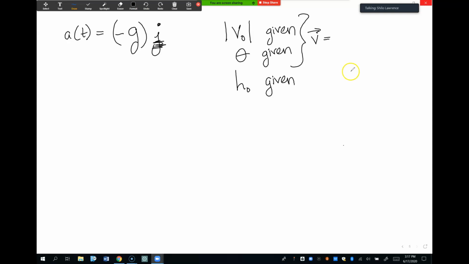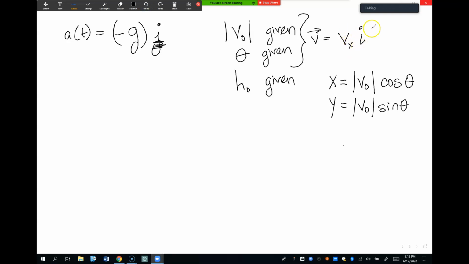So you may remember all the way back from the beginning of chapter 13, the way we get an x component is by multiplying magnitude by cosine of theta. And the way we get our y component is magnitude times sine of theta. And if we're given magnitude and theta, we could very easily turn this into a v sub x and a v sub y. Right now, since we don't know those values, I'm just going to say those are the formulas we're going to use.